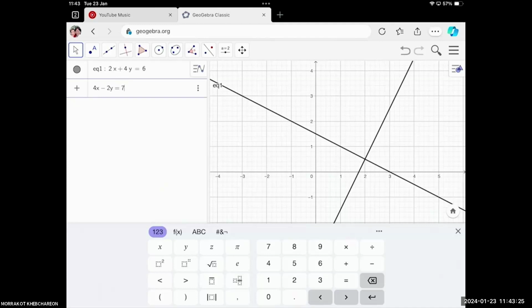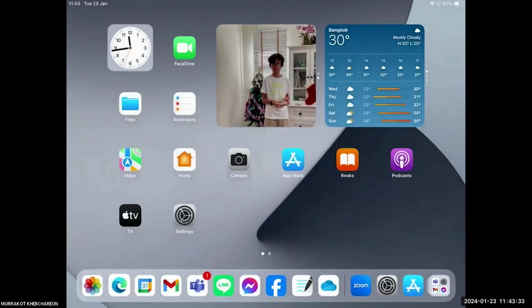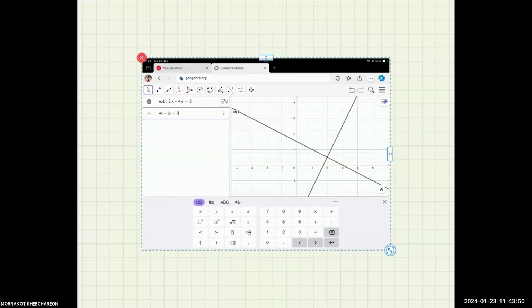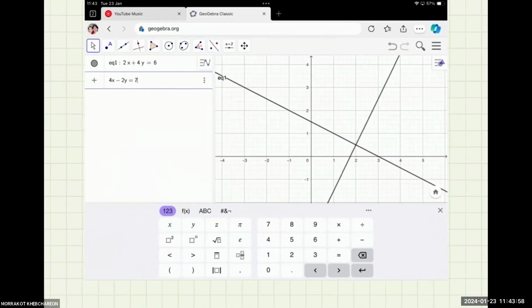The other one is 4x minus 2y equal to 7.